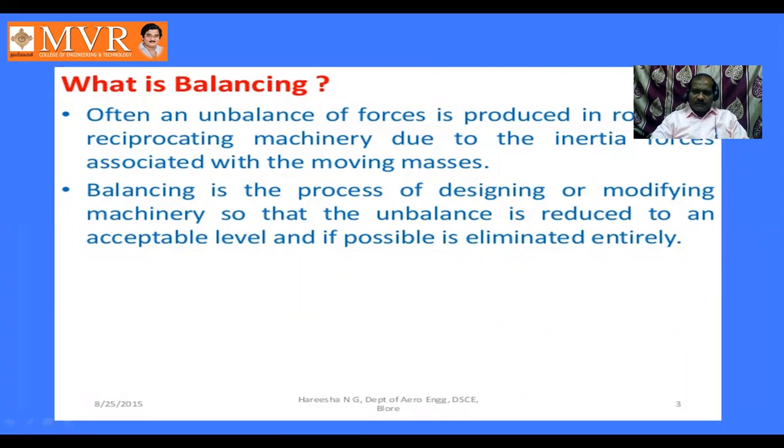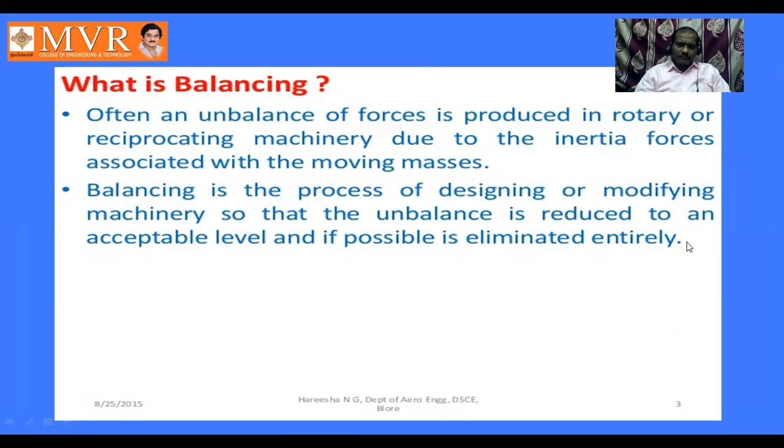That means if the masses are going to move, then that is going to be the reason for unbalance of this machinery. Often unbalanced forces are produced in rotatory or reciprocating machinery due to the inertia forces associated with the moving masses.